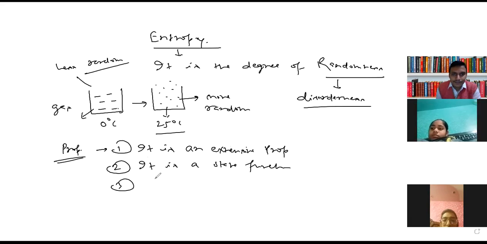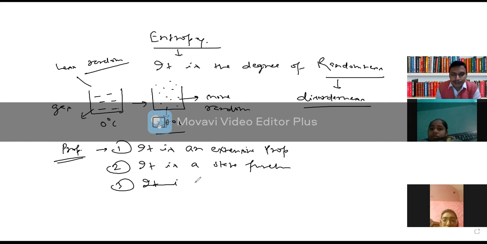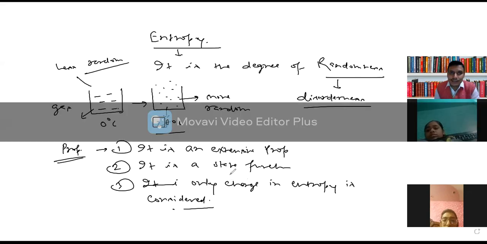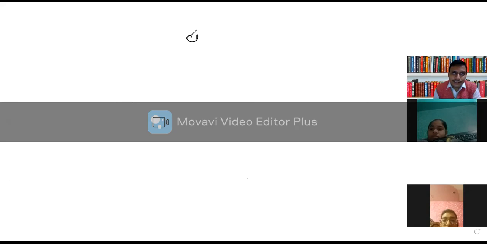And the third one is that only the change in entropy can be considered. Okay, this is all about the properties. That's why we have to understand the change in entropy, isn't it? Okay, now write down the heading: the change in entropy.